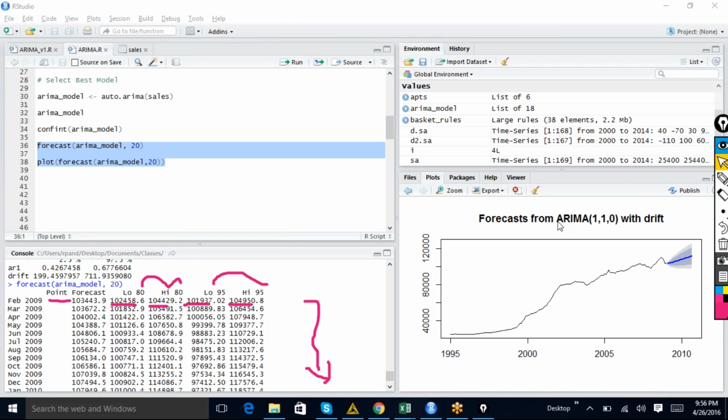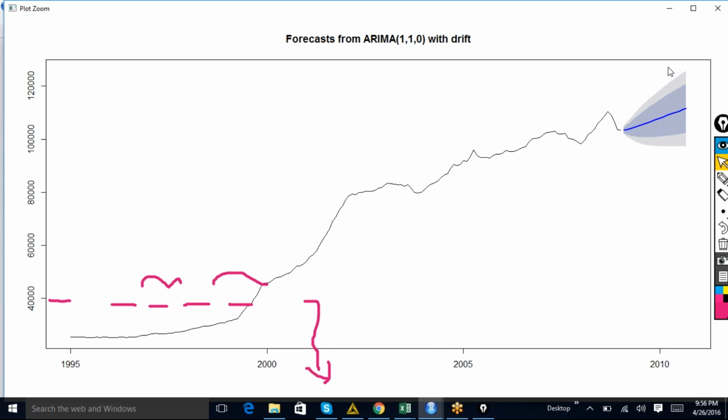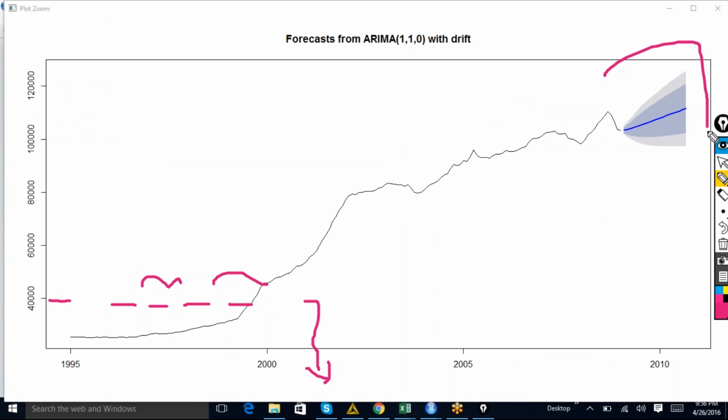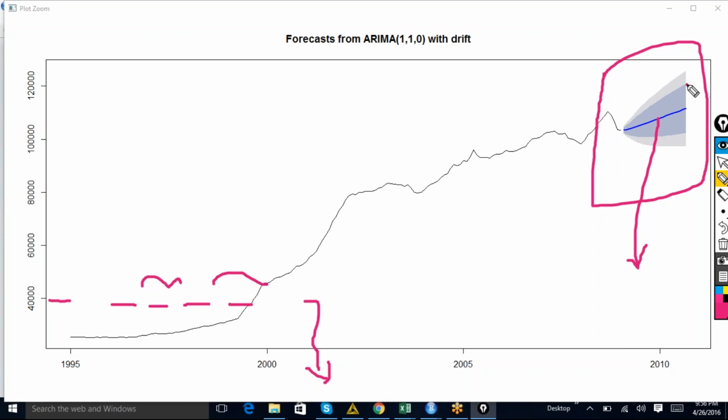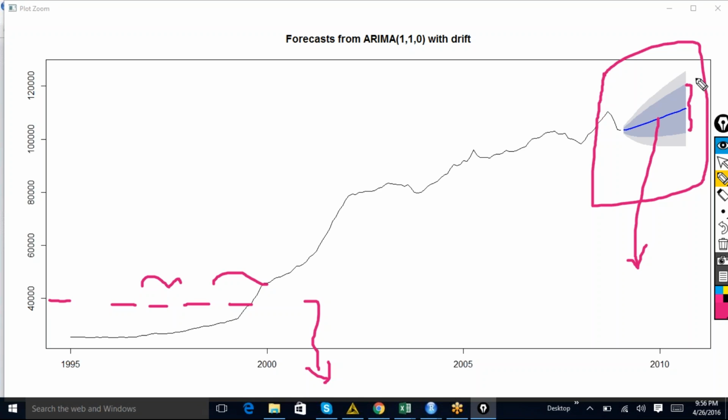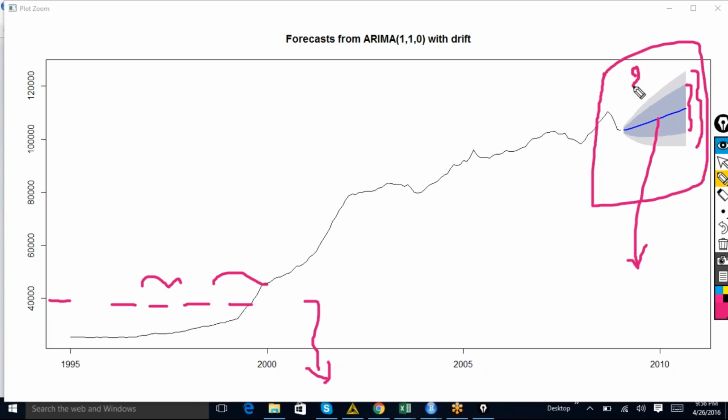So if I go and look at the plot, over here, you guys see that it has done the forecasting for you. The blue line is the average forecasted sales, and then these are your confidence intervals, right? The lower confidence interval is obviously for 80%, because I'm not going to be that sure.